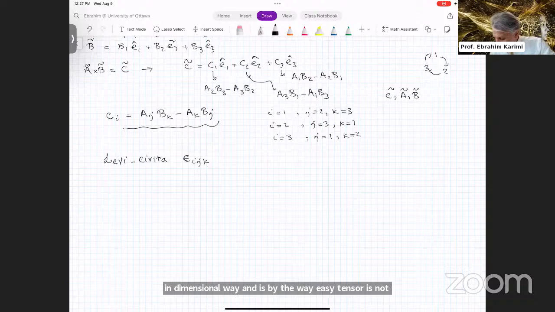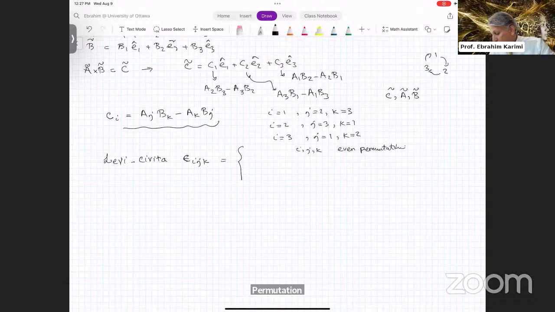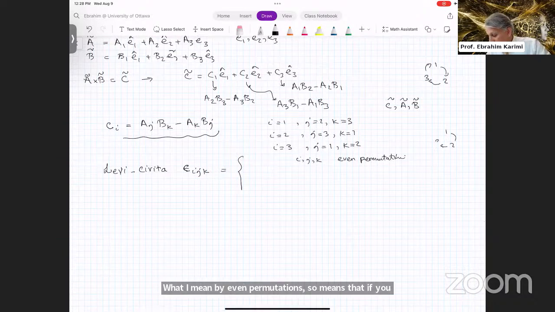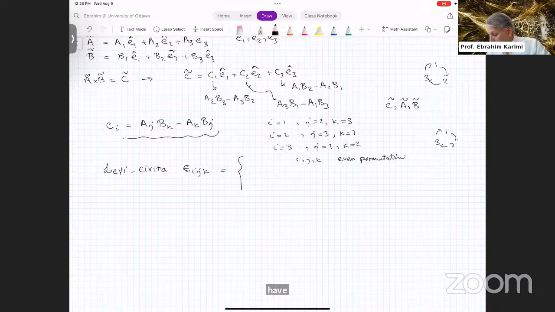But what happens whenever I, J, and K form an even permutation? What I mean by even permutation is that if you have 1, 2, 3 and it goes clockwise, like this, then the result is +1.